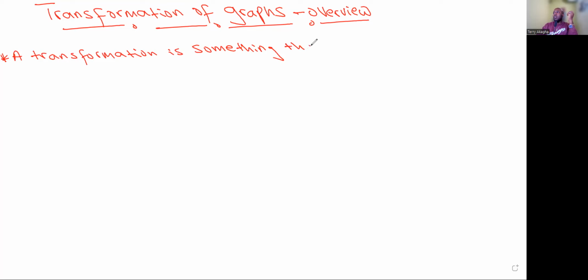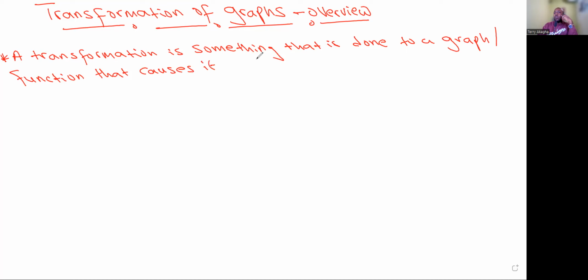So something that is done to a graph or function that causes it to change in some way. Basically, the topic is just referring to the effect of changing a function on the graph, okay?